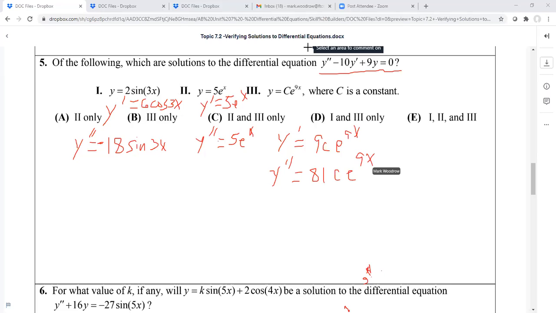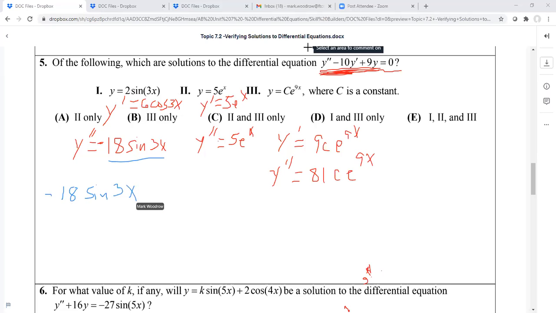So now I got to plug these things in up here and see. I'm going to plug them in right here for those 3 variables and see which ones all cancel out to give me 0. So when I come over here to this first problem, I'm going to change the color because I'm going to plug them in here. So second derivative over here is this negative 18 sine 3x. So I've got negative 18 sine 3x.